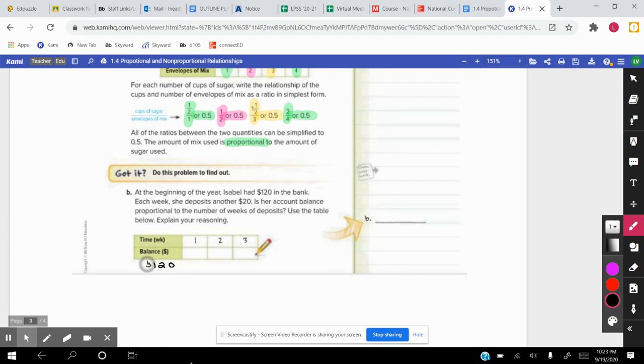So I'm going to add this information here. We have $120 to begin with. Then we're going to add another 20. So that gives me $140. We're going to add 20. That's $160. I'm going to add 20, which is $180. So each week I'm adding $20.